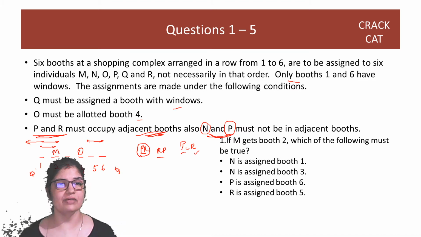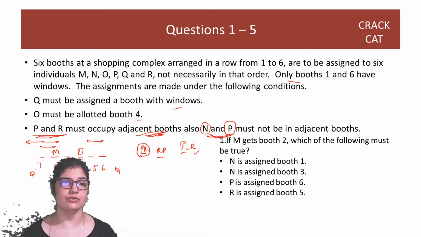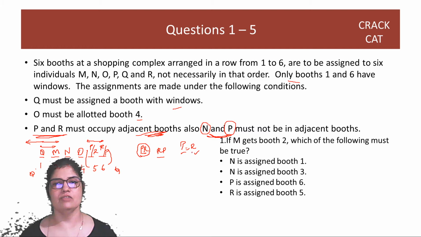Now we already have worked out that since P and R are together, I need 2 consecutive places, those places together for P and R to come together. Now that's only possible here. Okay. P and R come here, and we know that Q takes the window. So Q will come here. So N has to come here. Which of the following must be true? That N is assigned booth 3. This one. Okay.